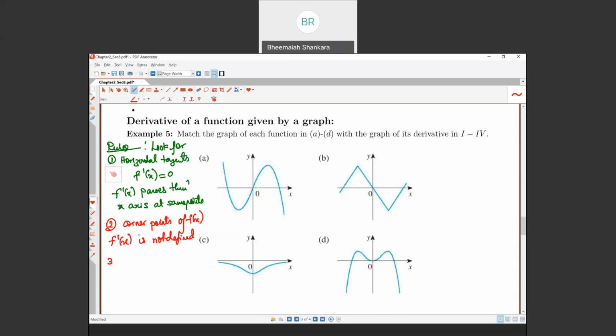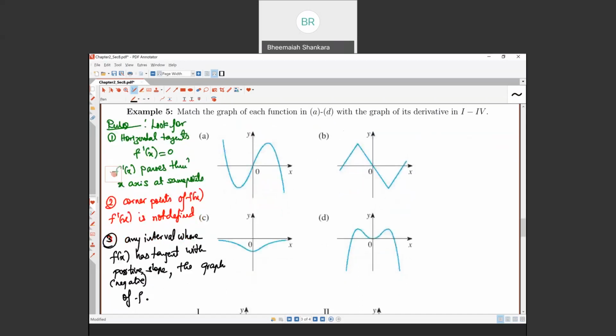In the third step, any interval where the function f of x has a tangent with a positive slope, or even it can be negative, the graph of the function f prime is going to be positive or it can be negative.